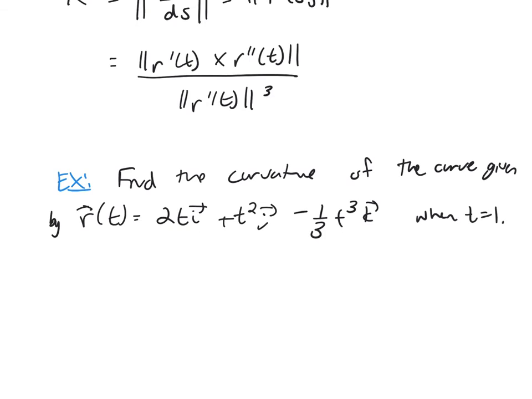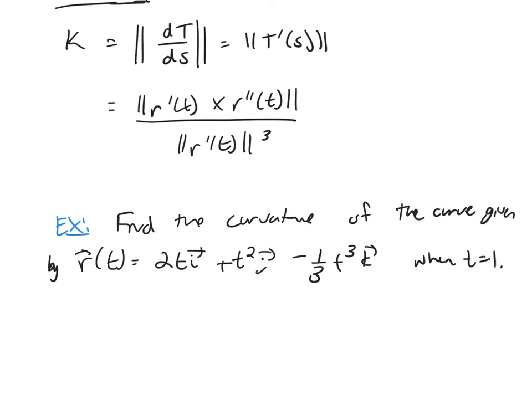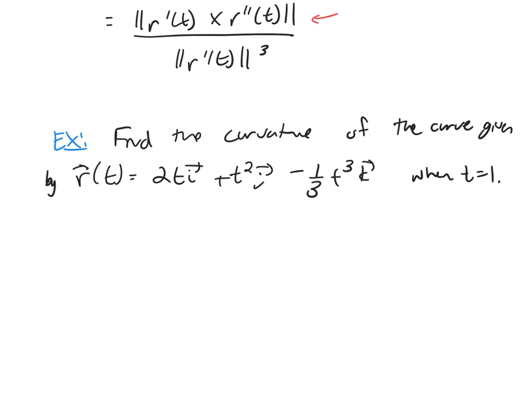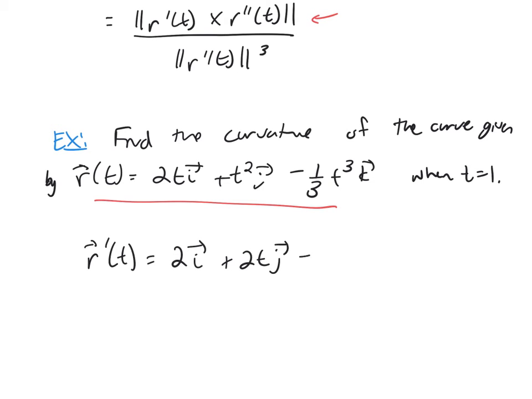So I'm going to use this formula back here. So I know I need the derivatives of my vector valued function right here. So find r prime. It's going to be 2i plus 2t j minus t squared k.